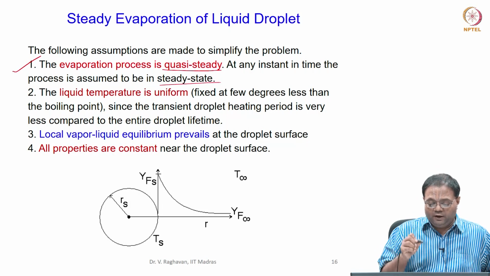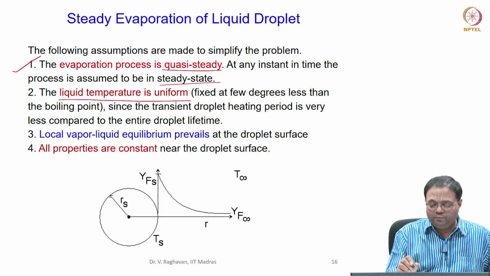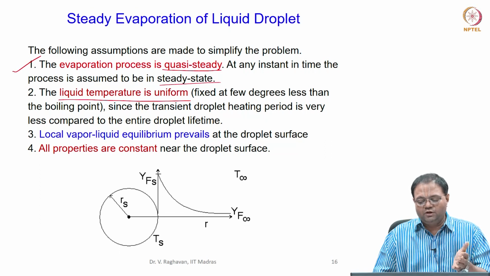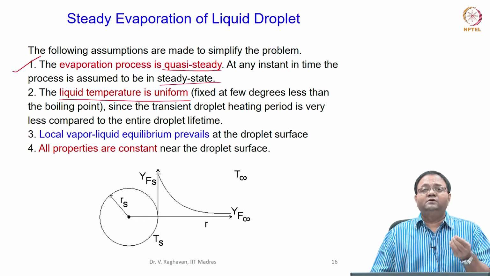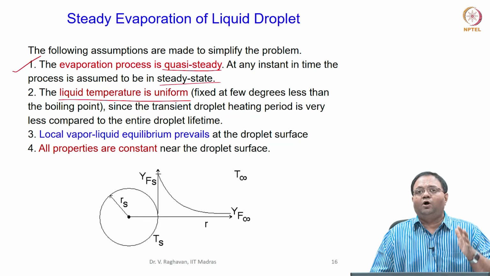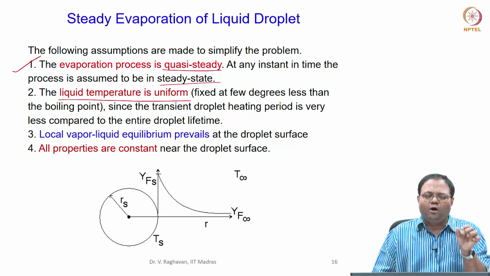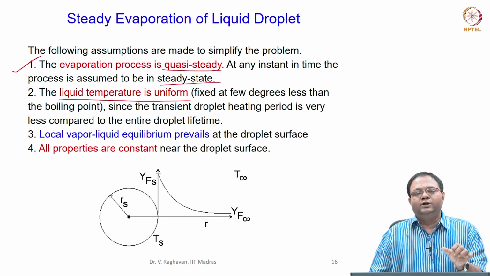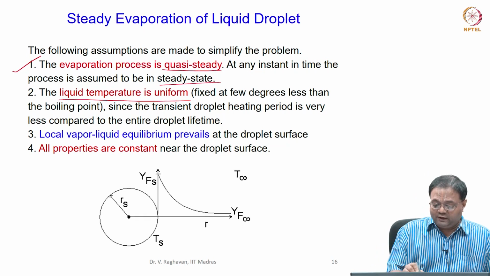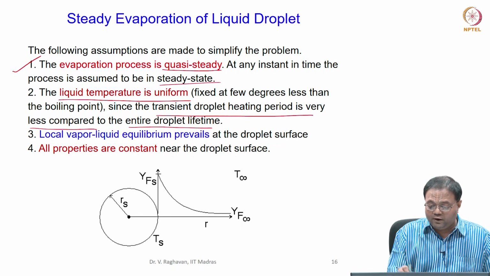So, basically the liquid temperature becomes uniform, that is, the heat up period is over and the surface has already reached a temperature which is the wet bulb temperature. That means the surface temperature or the liquid temperature will not vary after a small time period it takes to reach that condition. After that condition it will not vary. So, the transient droplet heating period is very less when compared to the entire droplet lifetime.